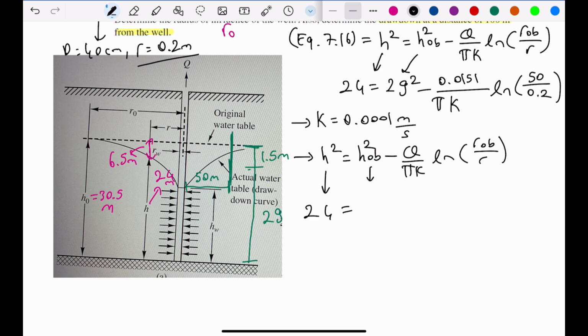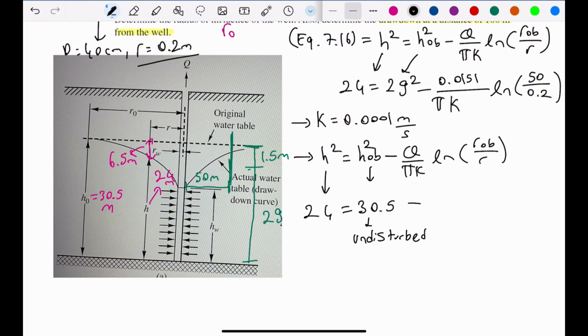But this time the depth at the observation well will be 30.5 meters, which is undisturbed depth. Because we need to find the true radius of influence, and therefore we will assume a zero drawdown at the observation well.